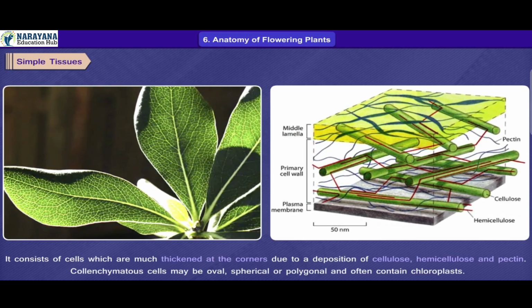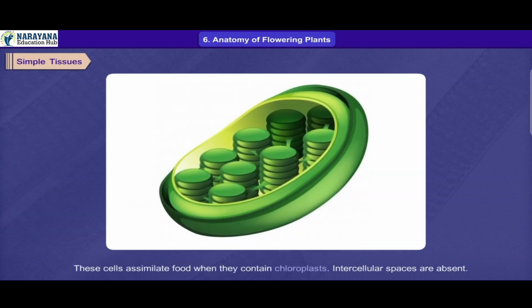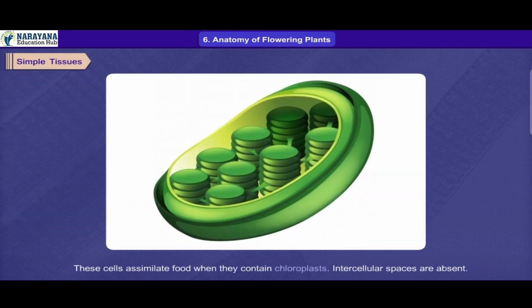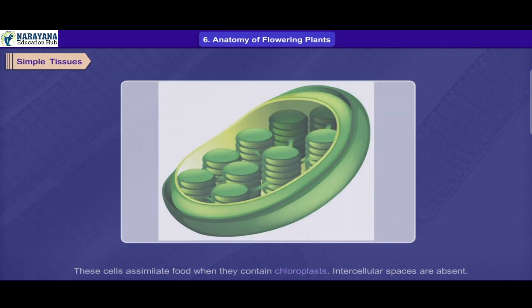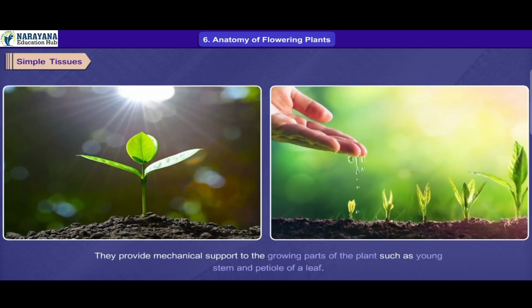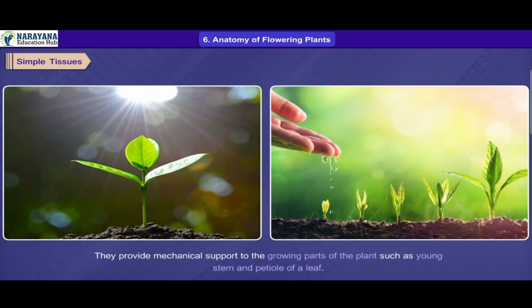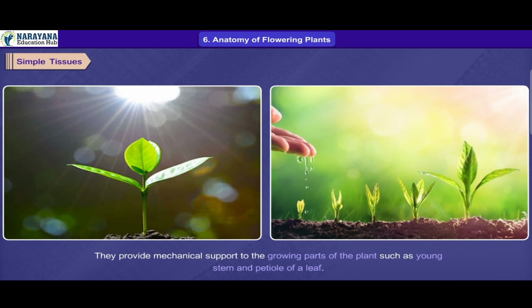Collenchymatous cells may be oval, spherical, or polygonal and often contain chloroplasts. These cells assimilate food when they contain chloroplasts. Intercellular spaces are absent. They provide mechanical support to the growing parts of the plant, such as the young stem and petiole of a leaf.